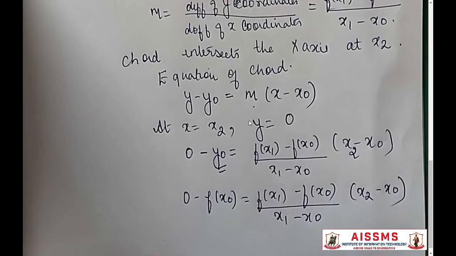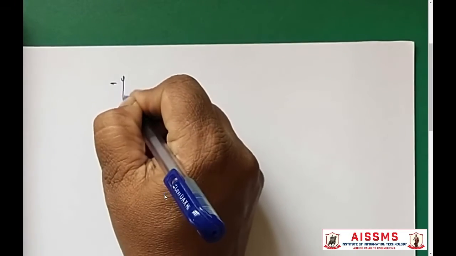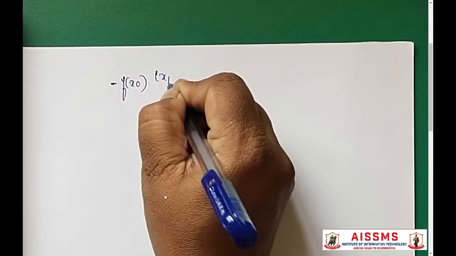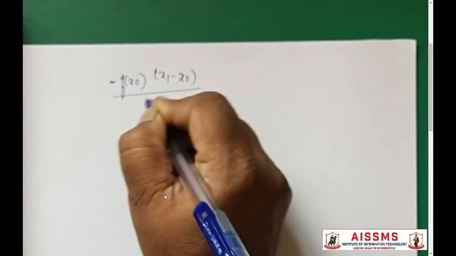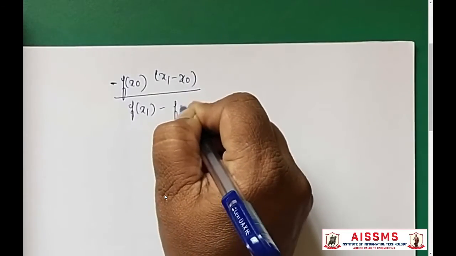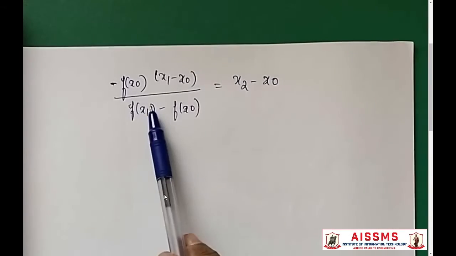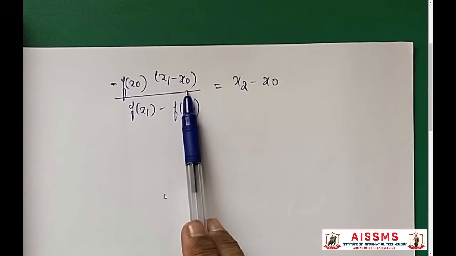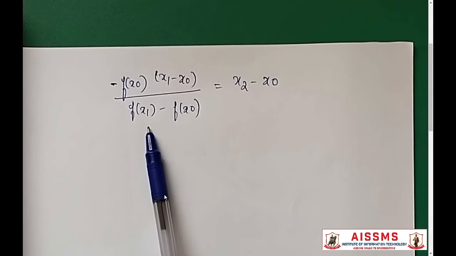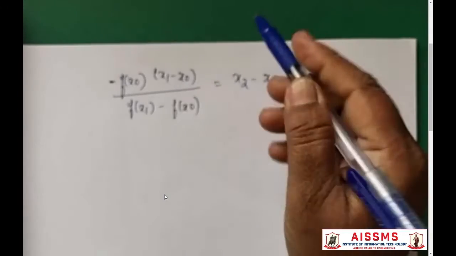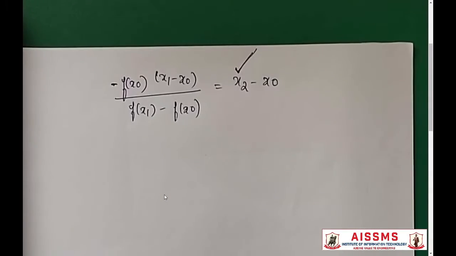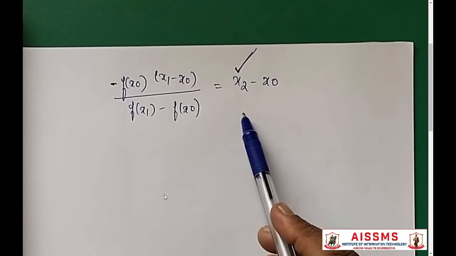When I rearrange the terms, I get minus f of x0 into x1 minus x0 upon f of x1 minus f of x0 is equal to x2 minus x0. Now we know the value of x1, x0, f of x1 and f of x0. The only unknown in our case is x2. So we will solve for x2.